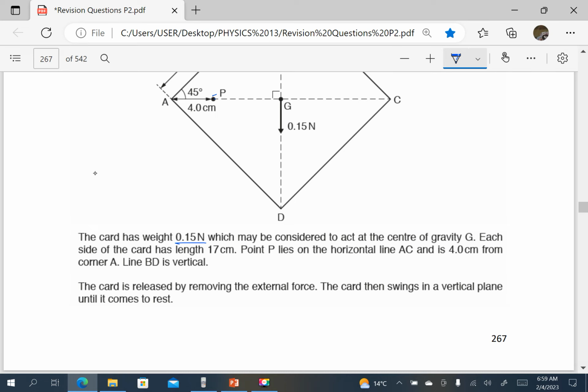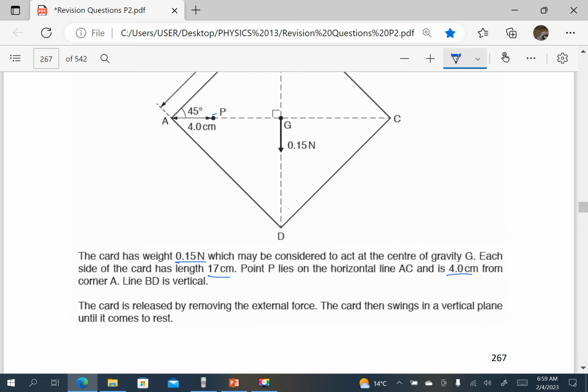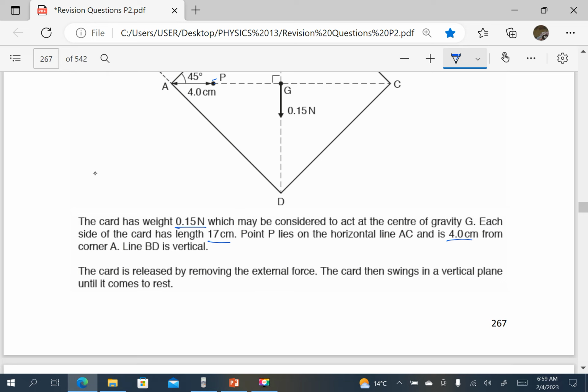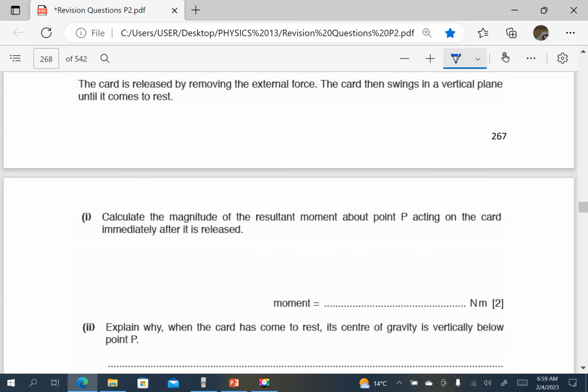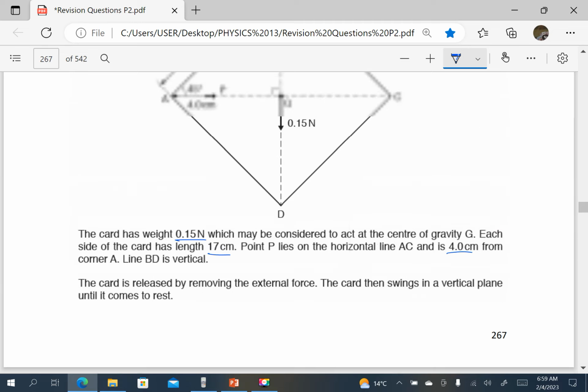Each side of the card has a length of 17 centimeters. Point P lies on the horizontal line AC and 4 centimeters from corner A. Line BD is vertical. The card is released by removing the external force. The card then swings in a vertical plane until it comes to rest. Calculate the magnitude of the resultant moment about point P acting on the card immediately after release.